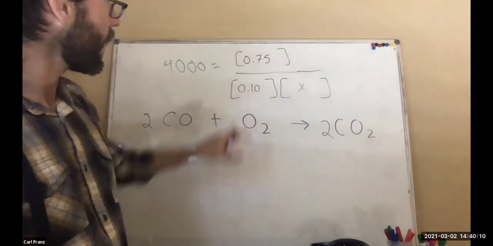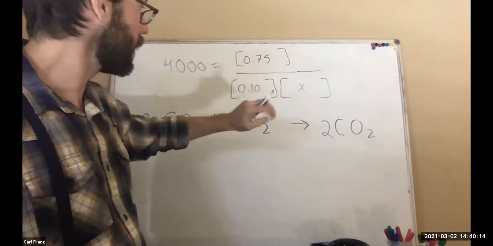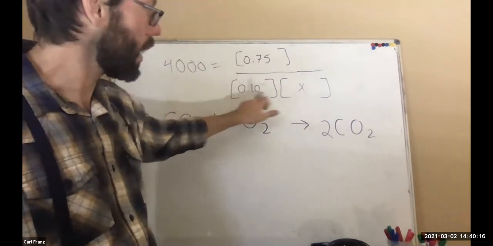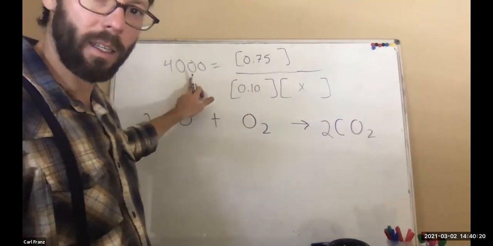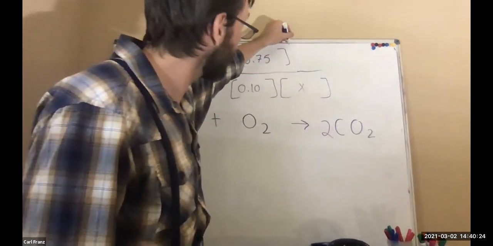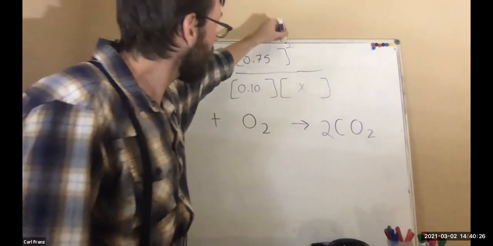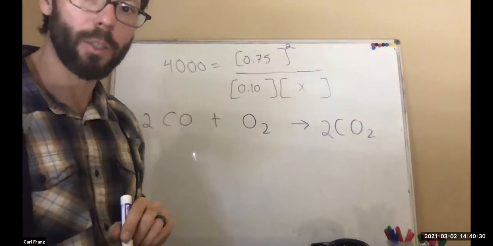So we are given concentrations of our CO2 and of our O2, and they want us to find our CO. And they give us our Kc. And now we have our balanced formula. We can put our coefficients as an expression of an exponent.